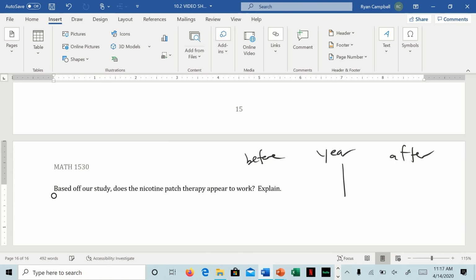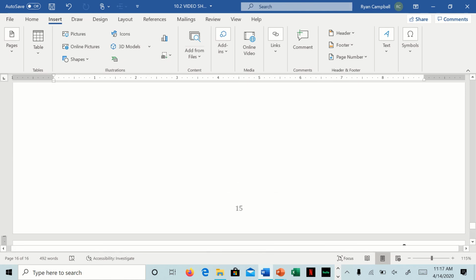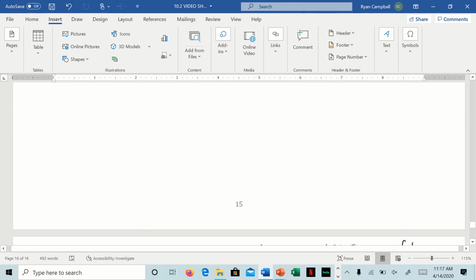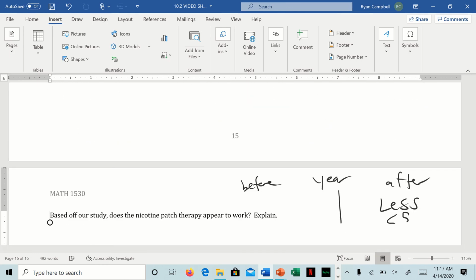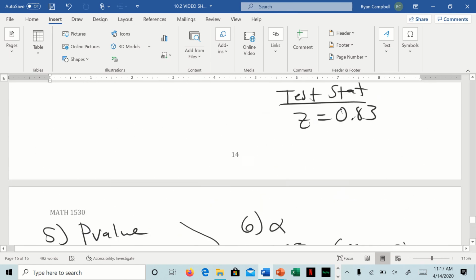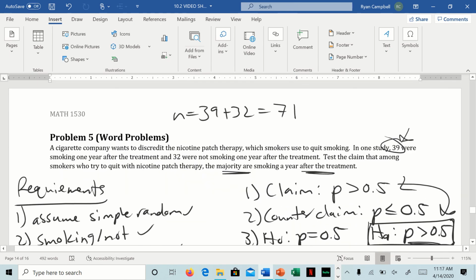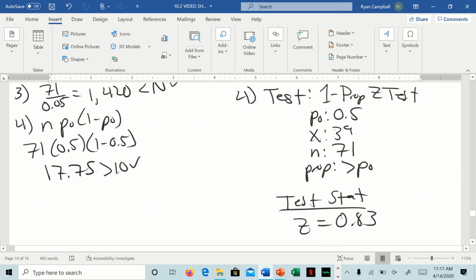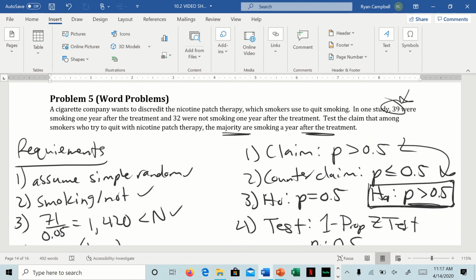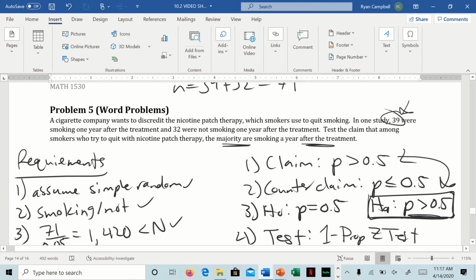So again, we would expect fewer people to be smoking after if it's working, so less than half, hopefully. But since it was a competitor, they were hoping that more than half would be smoking, which is where the majority are smoking after a year. That's what they were trying to show. Cigarette company, they wanted to discredit it.